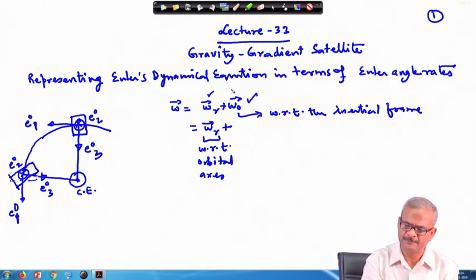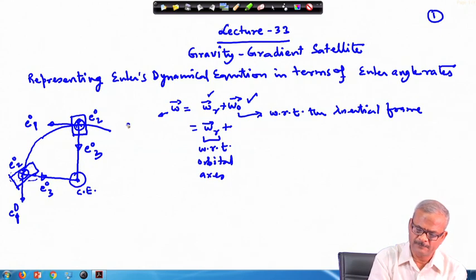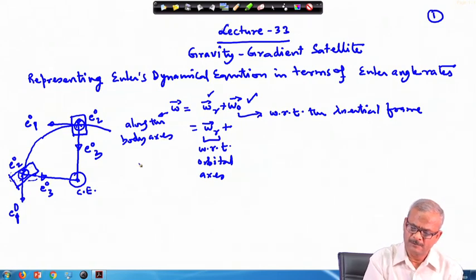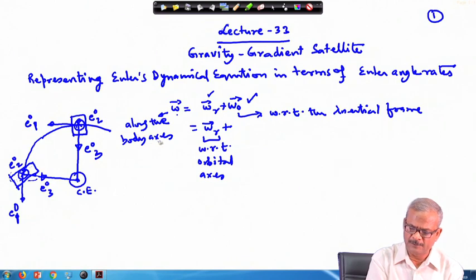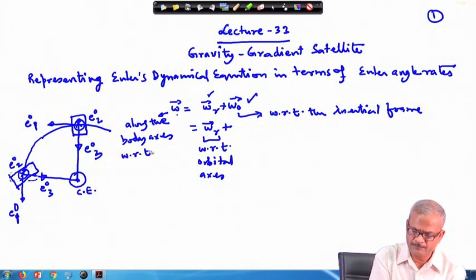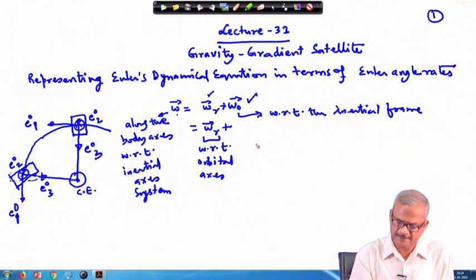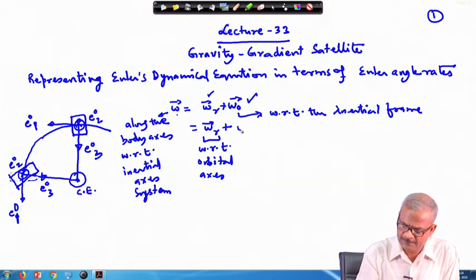This is in a different frame, and here we are looking from along the body axis, with respect to the inertial axis system. So, for this we need a certain conversion.